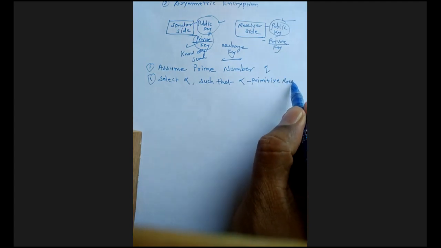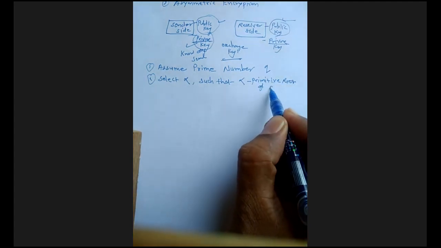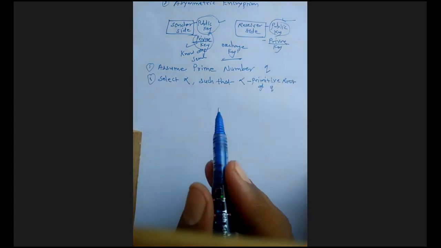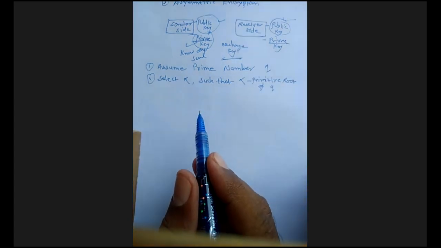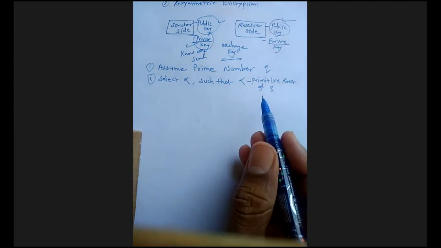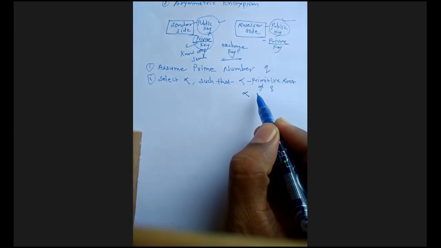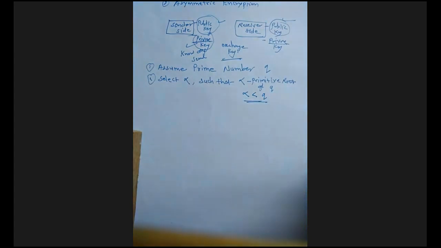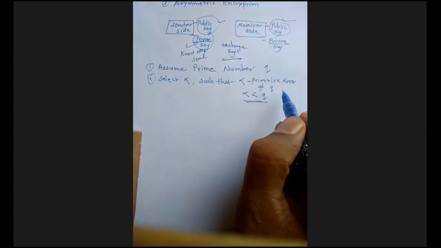Primitive root of Q. So what do you mean by primitive root? I have to explain what you mean by primitive root. Suppose I have said that primitive root means that alpha must be less than Q. This is the condition, and that primitive root of Q.